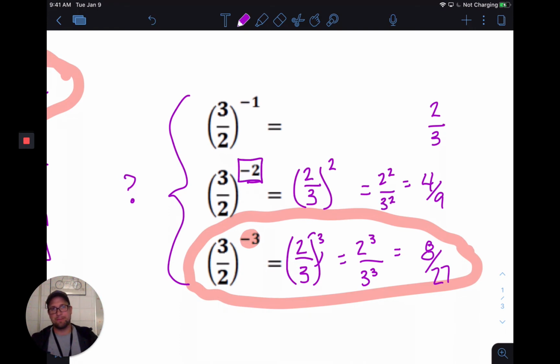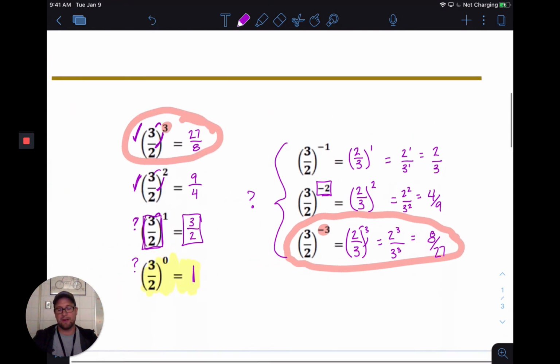I think we're on to something, guys. Okay, what about up here? So, again, if I see a negative exponent, let's just flip that whole thing for a minute and make that positive. Okay, so going through with that, 2 to the 1st is in fact 2. That is true too, and 3 to the 1st is 3. I think we're figuring out this pattern a little bit, and that's good.